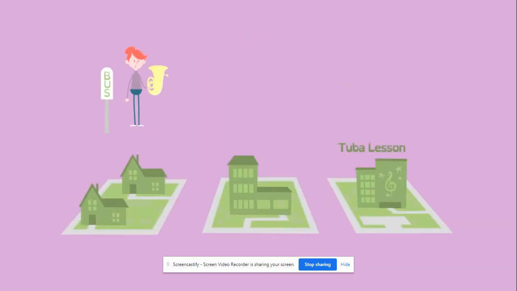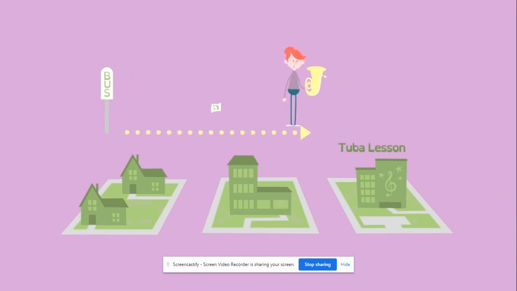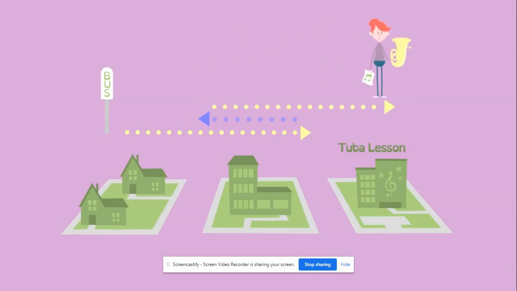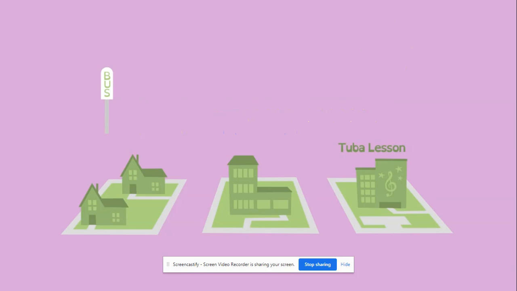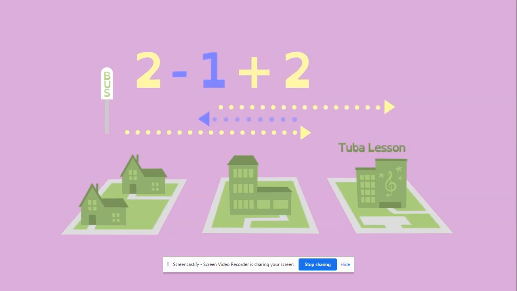Here's Lucy. She needs to walk to her tuba lesson, 3 blocks from the bus stop. After walking 2 blocks, she realizes she dropped her sheet music. She goes back 1 block, finds it, then continues to her lesson. One way to represent Lucy's journey is like this. By walking 2 blocks forward, 1 block back, and 2 blocks forward, Lucy ends up 3 blocks from the stop, yet she walked more than that.